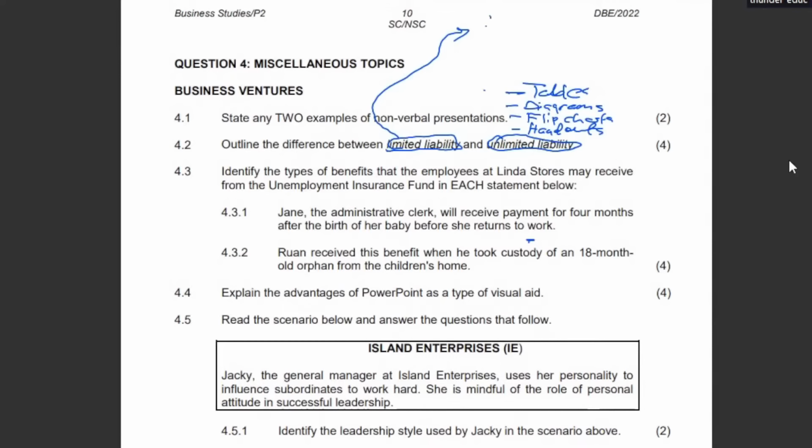They are saying that losses are limited to the amount that the owner invested in a business.